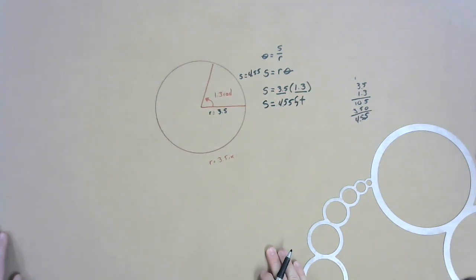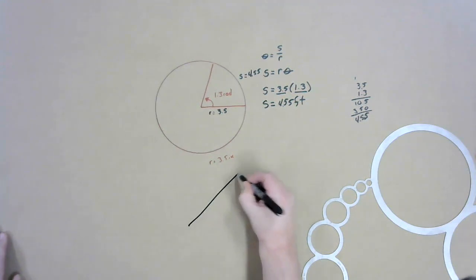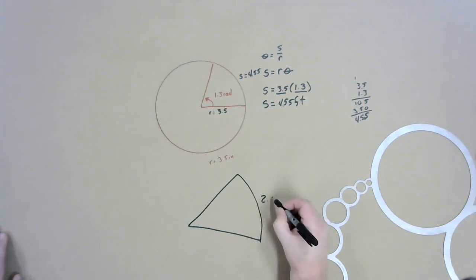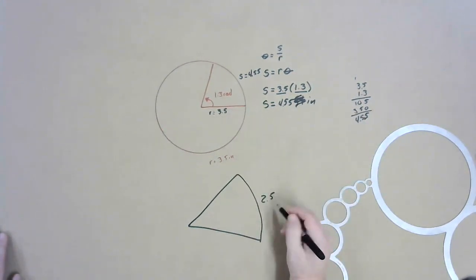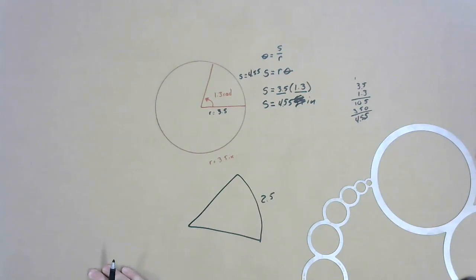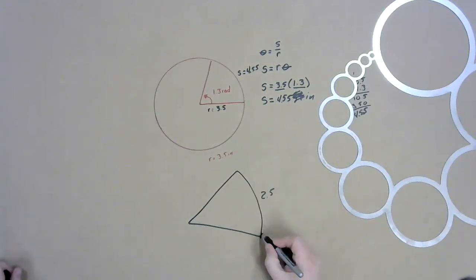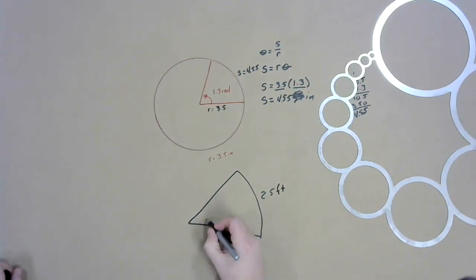Hopefully that seems nice. We could also do that if we knew how much arc we were putting out here, say an arc length of 2.5 feet, and we want a particular radian measure, or a particular radius.